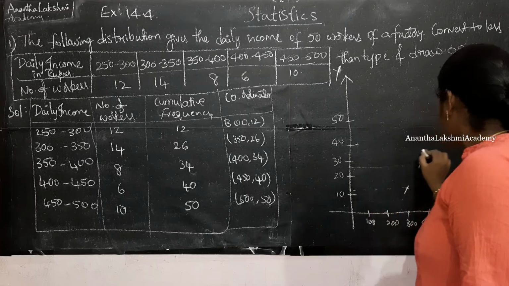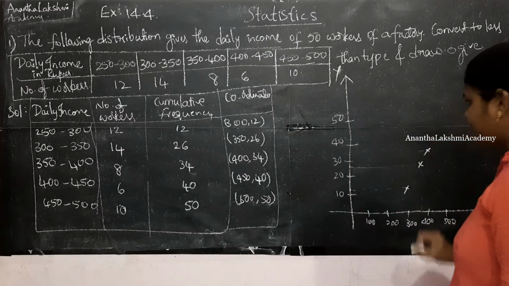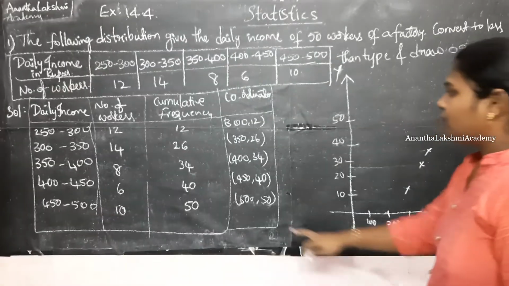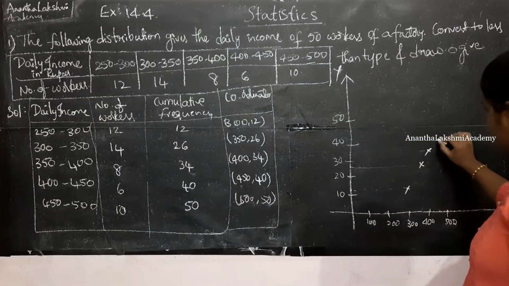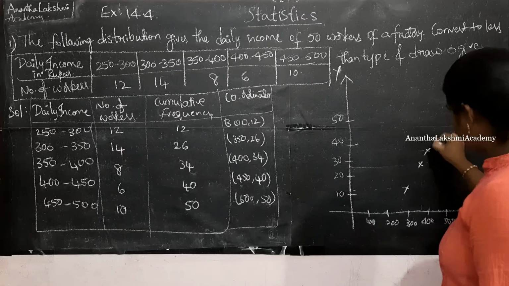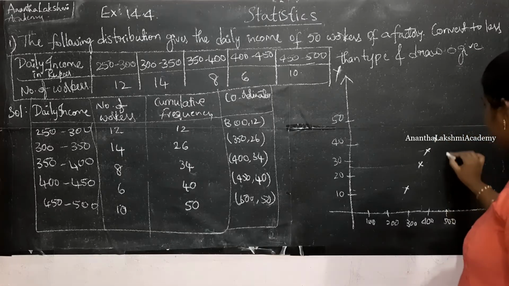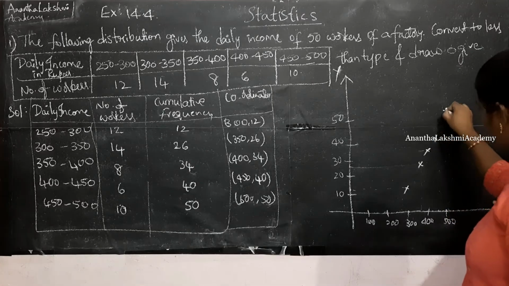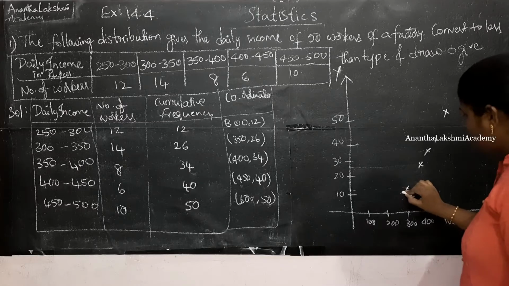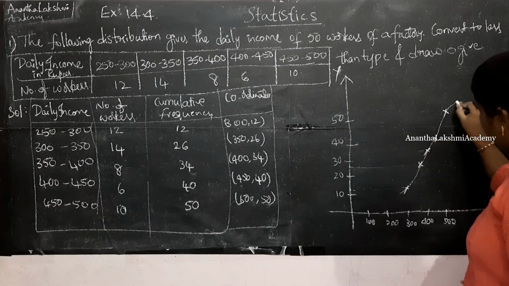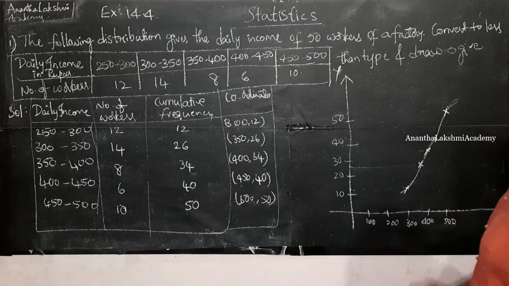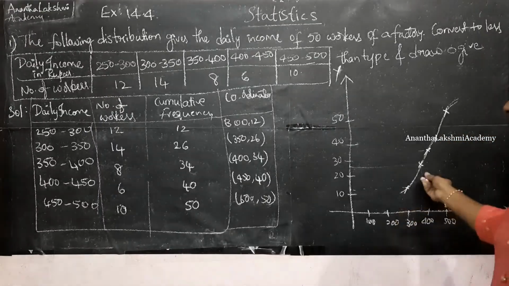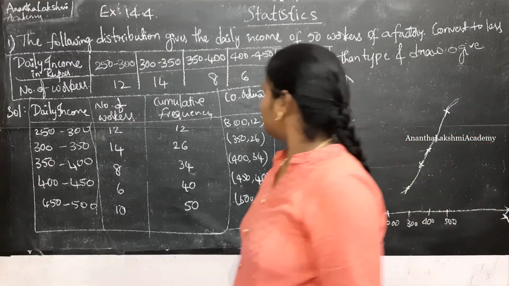So 34 will be here. Okay. Now 450 on x-axis and 40 on y-axis. So this is somewhere here. And 500 on x-axis and 50 on y-axis. So this is our less than ogive, isn't it? This is our less than ogive.